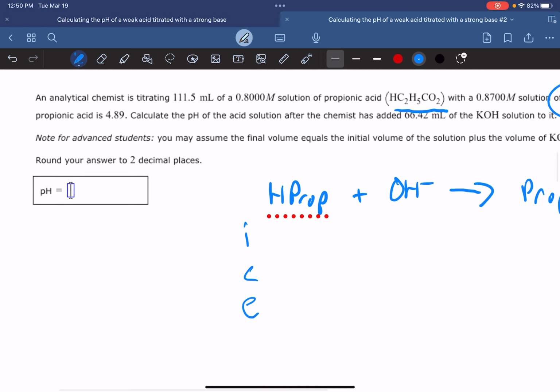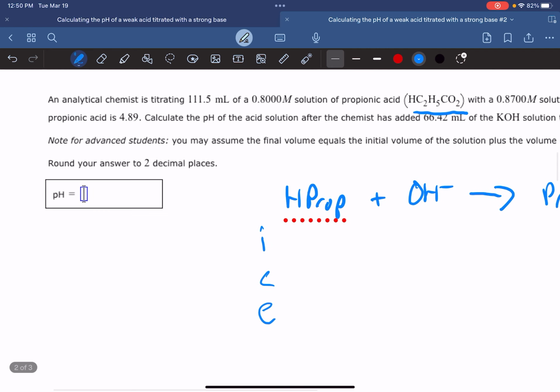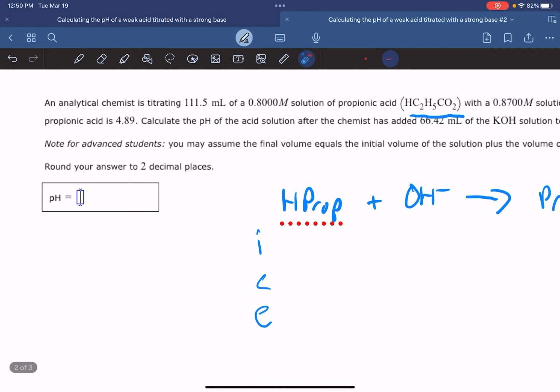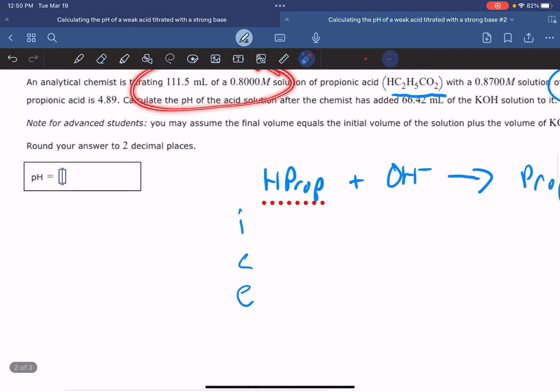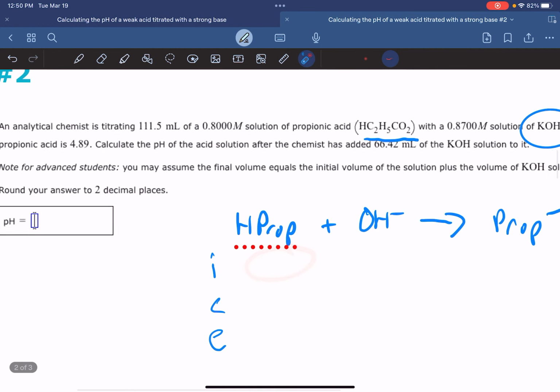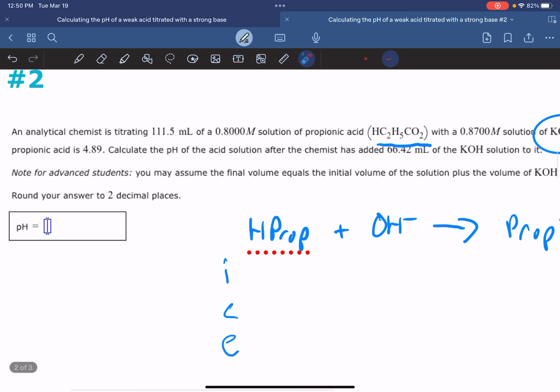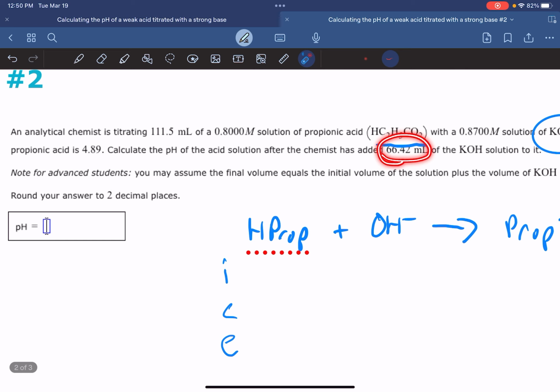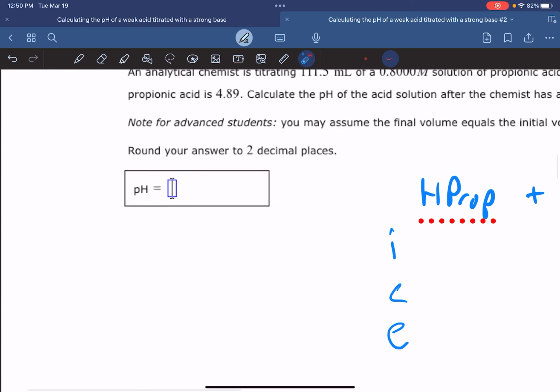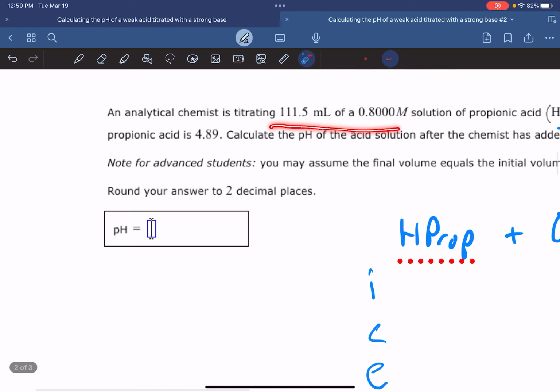So if you don't know what I'm saying, let me show you what we're going to do right now. We want to convert this right here to millimoles and put it right here. And then we want to take the OH minus milliliters and the amount, the 66.42, and figure out the millimoles here. So let's start off with the millimoles of our propionic acid.